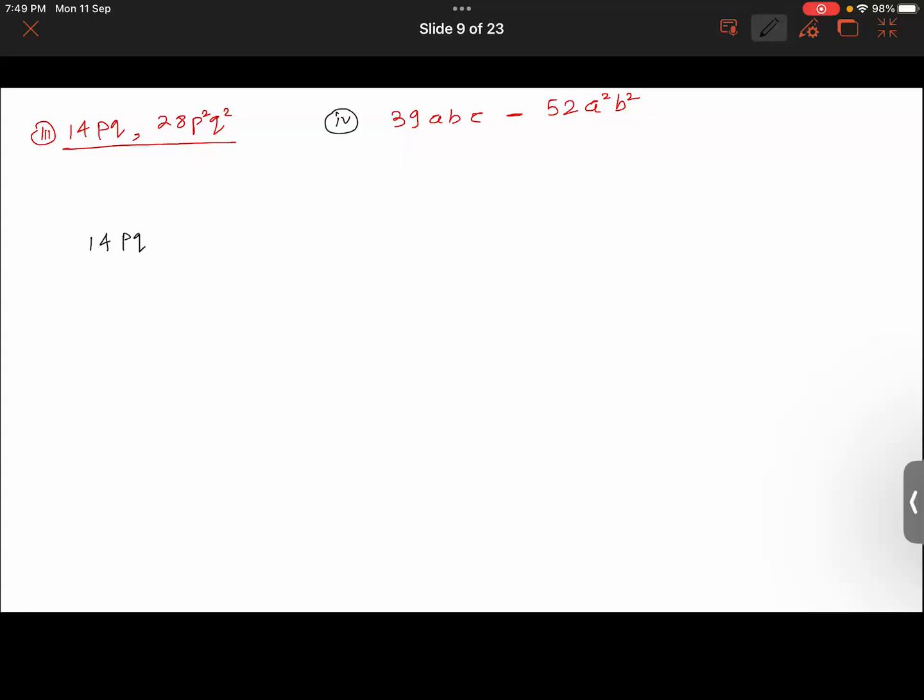Take the common factor, multiply it with whatever is remaining, whatever is left out. After this, you will be able to solve exercise 14.1. In exercise 14.1, you have to find the common factors. So that one is very easy.